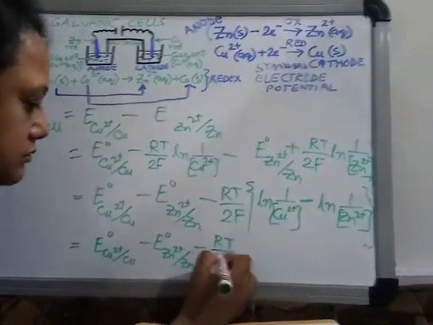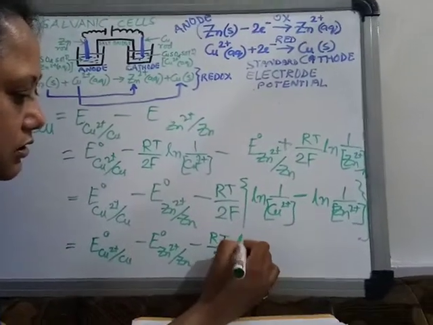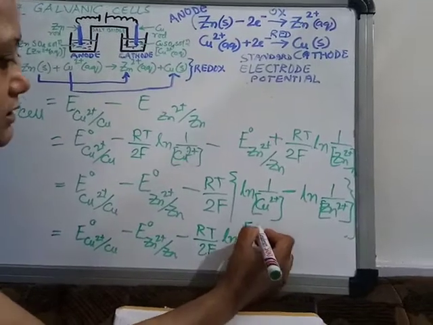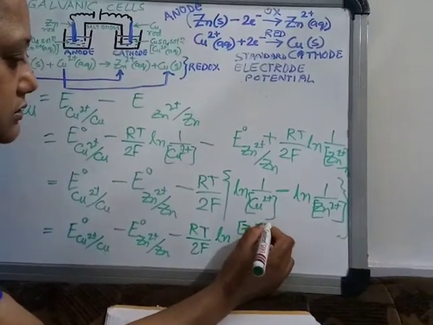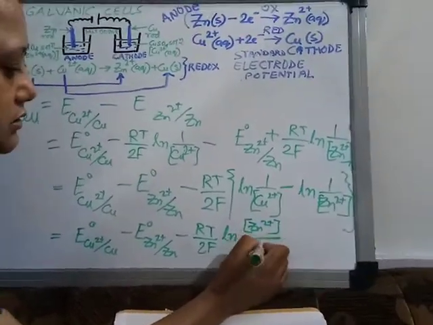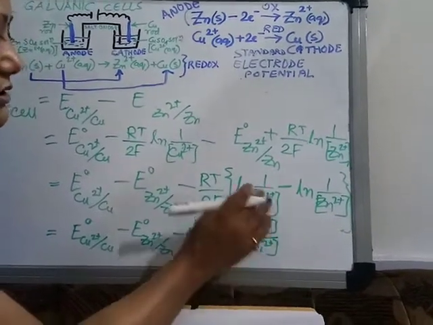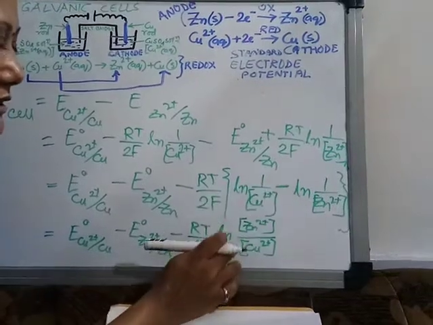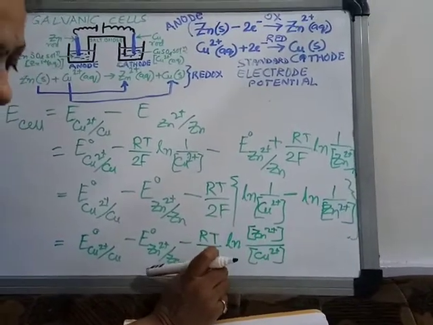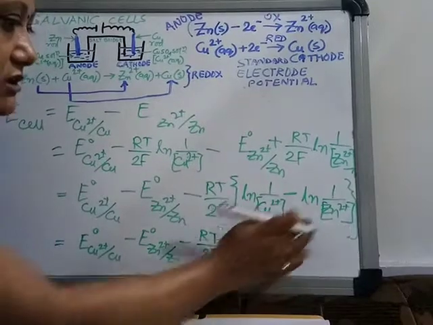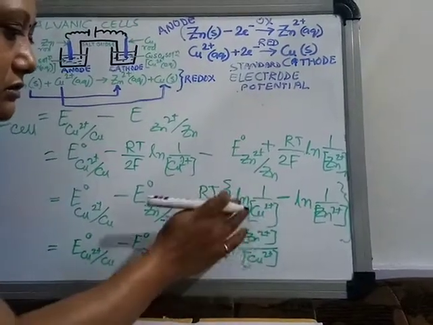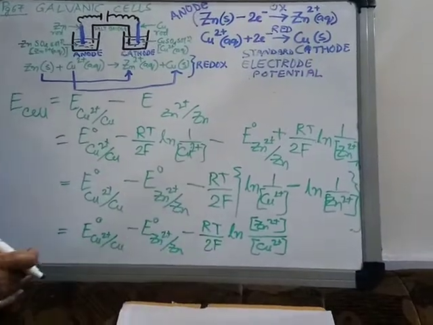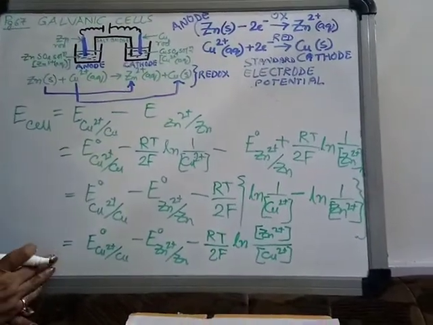So RT by 2F ln of concentration of Zn2+ divided by Cu2+. When we combine the two lns, this is from the laws of logarithm, that this one will go up and this will remain down and it will be only one ln. So this is this portion.